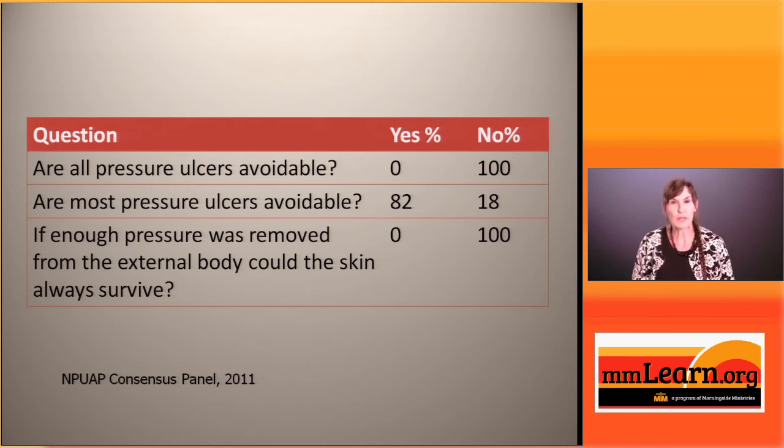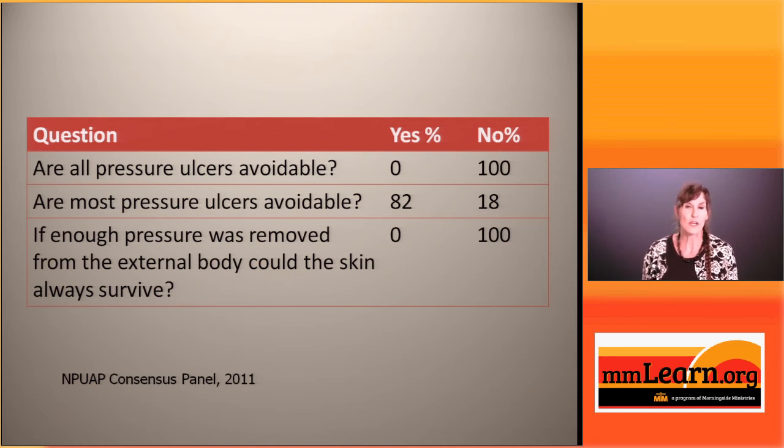So there is a white paper also out that really begs the question, and in terms of avoidable versus unavoidable pressure ulcers, or pressure injuries, we recognize that even under optimal care, sometimes a patient can be so compromised that even with optimal care, they may still develop pressure injuries. And those are what we refer to as unavoidable, that nothing else really could have been done to have saved that patient's skin.